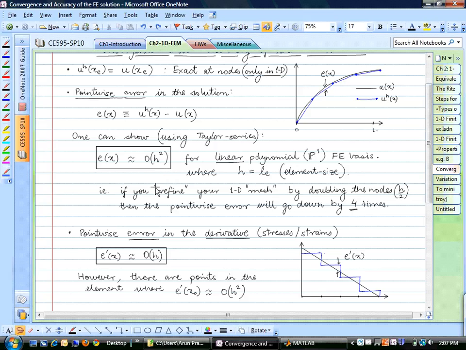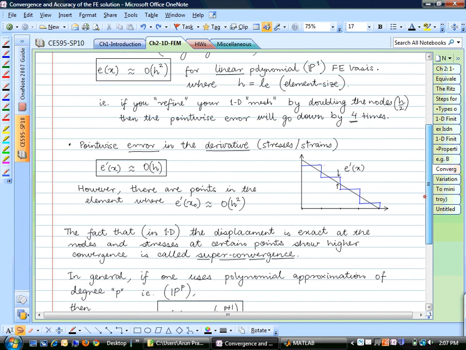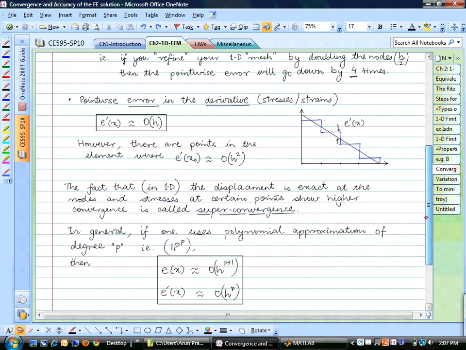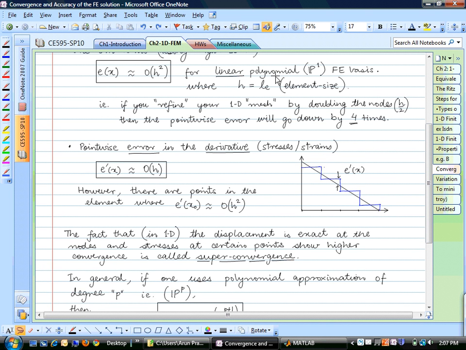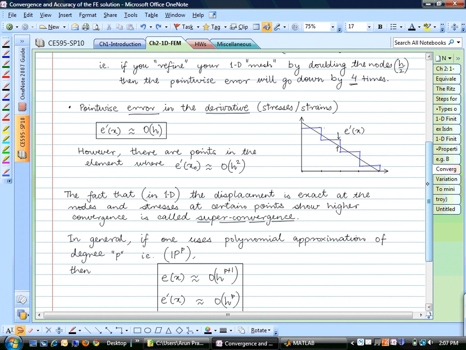Is that okay? And in general, this also holds true for any higher order polynomials. So right now, what we just talked about was linear, first order polynomials. Now, a little later on, we'll see how we can have quadratic or cubic or any higher order polynomials. So if you choose polynomials of a higher order, let's say quadratic, which would be p is equal to 2, or cubic, this superscript p is equal to 3, in that case, your error is going to go down by h to the power p plus 1.